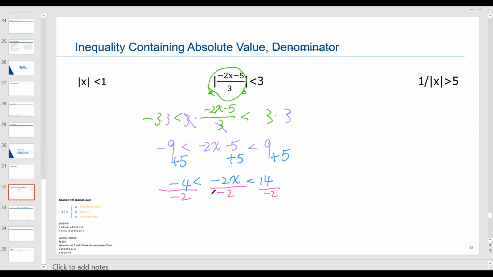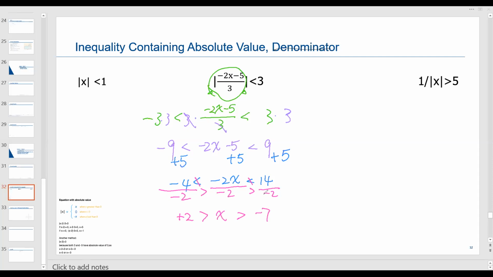All three fractions do the same process. Keep in mind, negative 2 is a negative number, so we need to switch the alligator mouth. Okay, so now we become positive 2, right? Greater, here becomes x greater than negative 7.